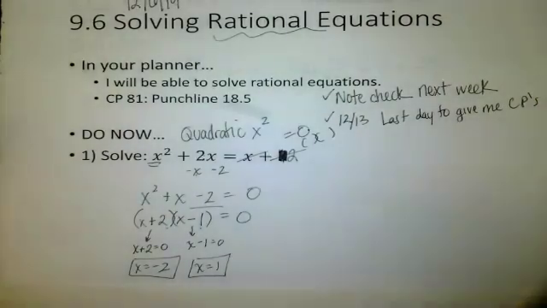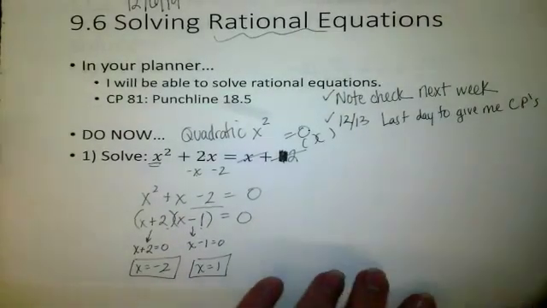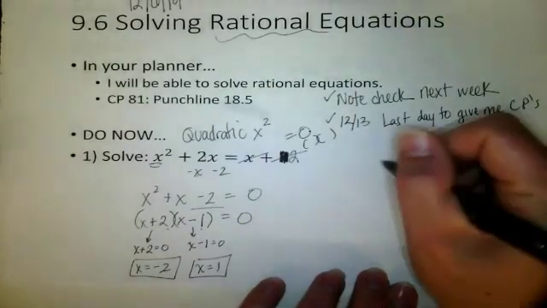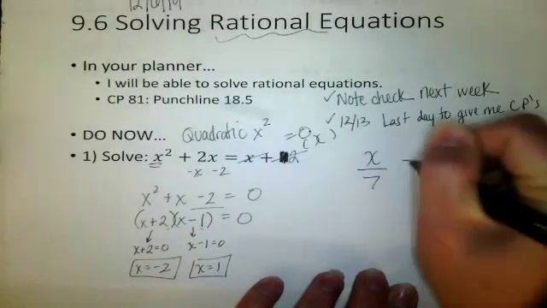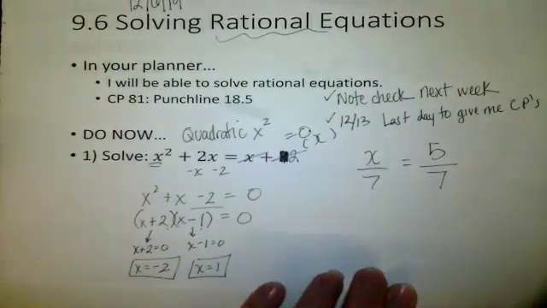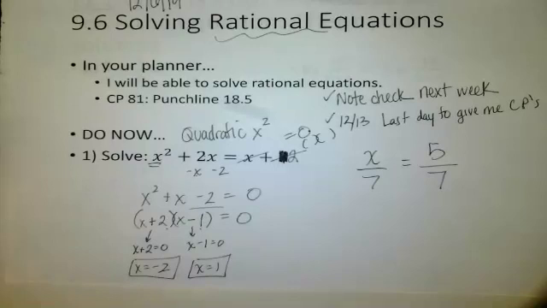And so what I like to do is bring back some logic for the equal sign. If x over 7 equals 5 over 7, what's x? What's x? 5. Yeah? Okay, good.